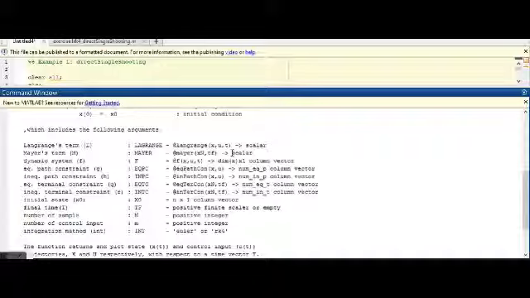The entire expression should return a scalar value. For the dynamic system, f takes x, u, and t, and it should return the derivatives of the states, and that has the same dimension as the state x itself.